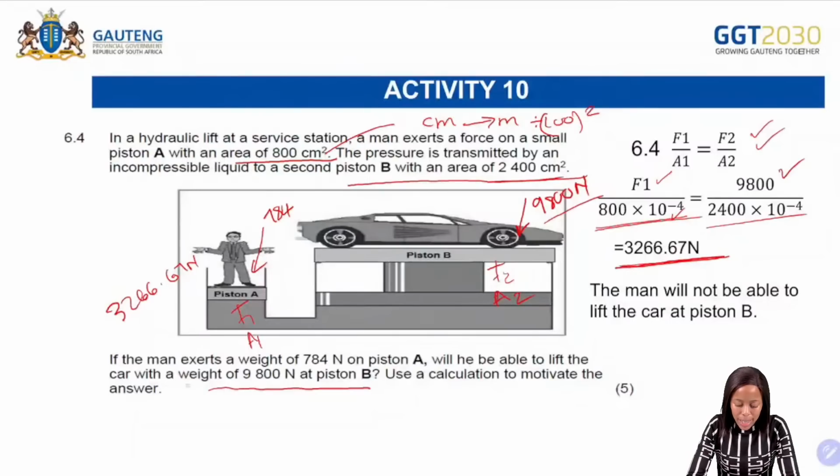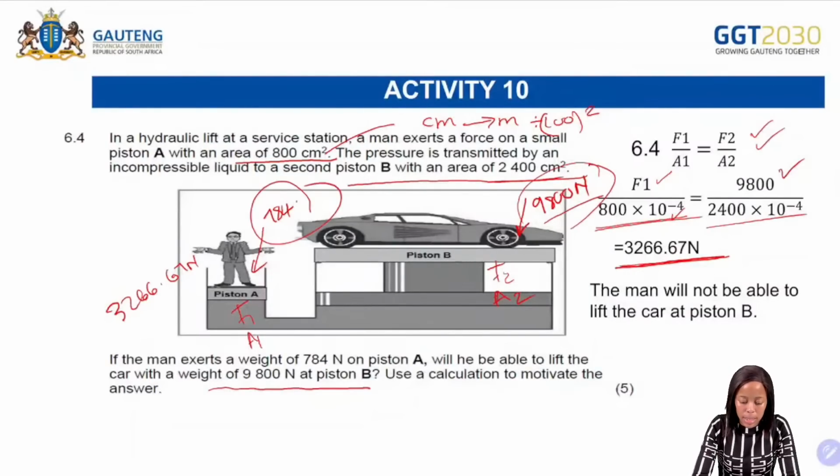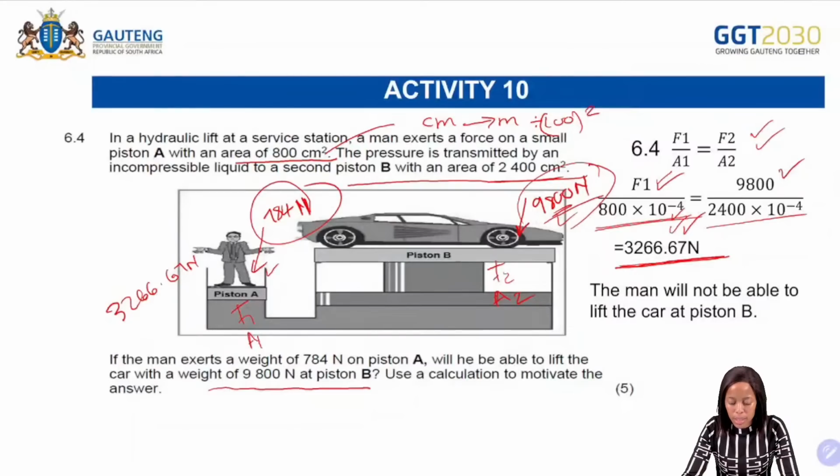to lift the car? So the car has 9,800, but the man is lifting with 784. Is it possible for this man to be able to lift off this car? Now, after calculating, we find that we are getting a force of F1.